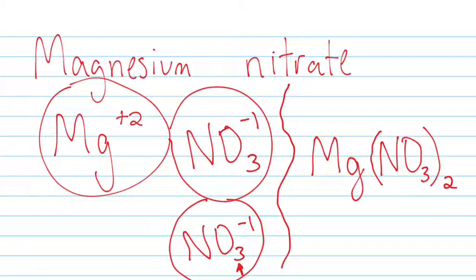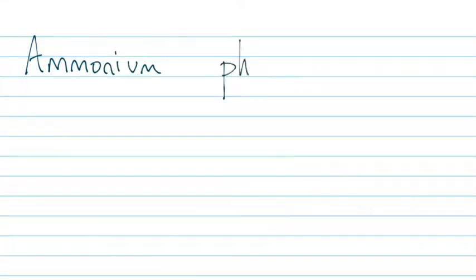All right, let's do one more with ammonium. So let's try, what if you had to do ammonium phosphide? Okay, you found ammonium, good. It's NH4 plus. And then what about phosphide?